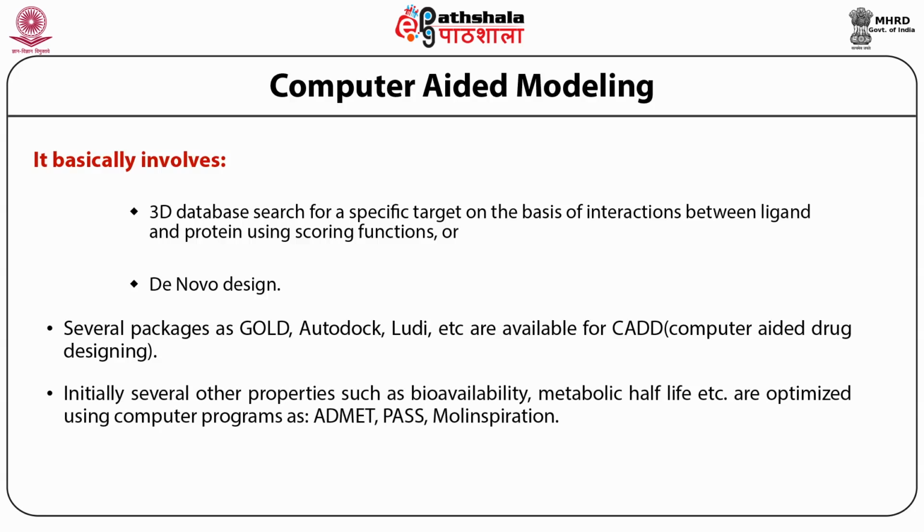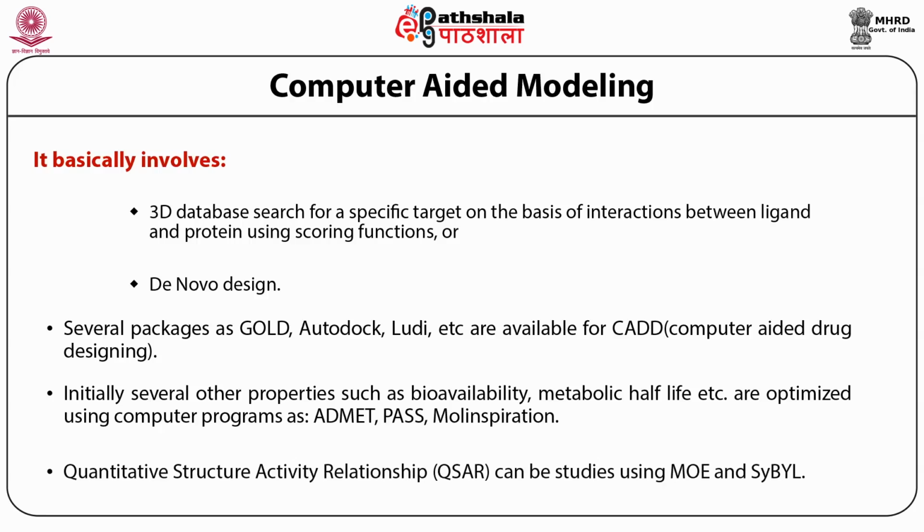Initially, one has to optimize several other properties such as bioavailability and metabolic half-life. These can be optimized using programs again available on the net such as ADMET, PASS, Molinspiration, and there are more. One uses quantitative structure activity relationship, QSAR, and this can be studied again using packages such as MOE, CBIL, SYBYL.